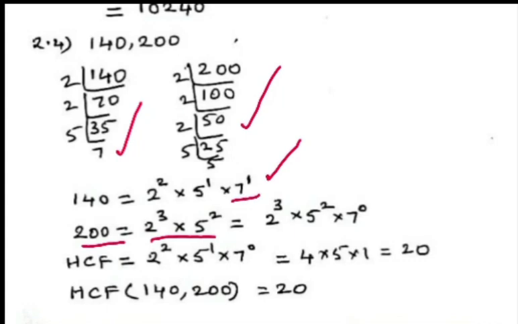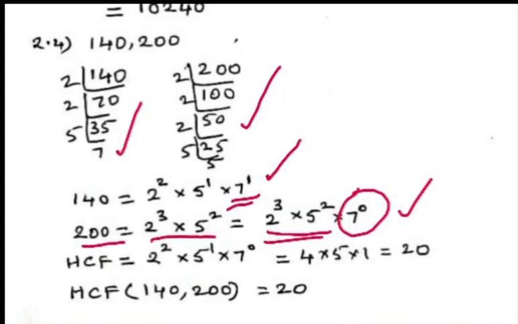But here we have 7 power 1, so we can write 7 power 0 for 200. 7 power 0 is 1, and multiplying by 1 does not change the value.